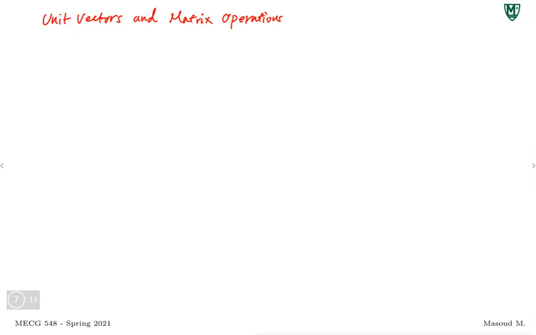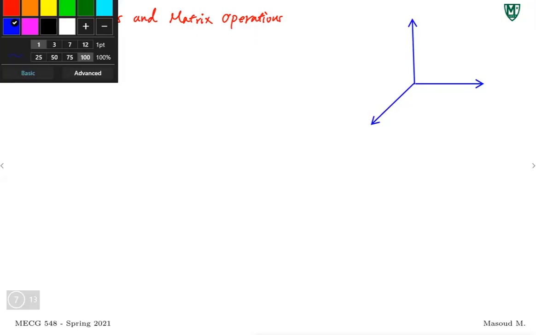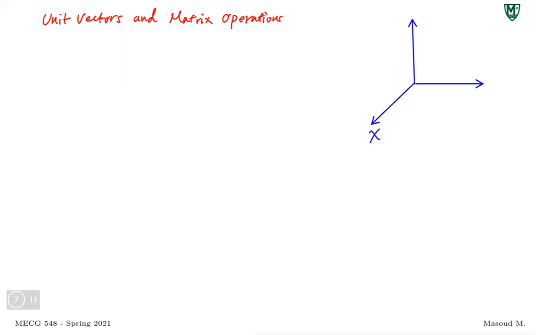Think about a three-dimensional space, a Cartesian coordinate system. I'll just put it right here. Just keep them as right-handed. So I'll say this is X, this is Y, and this is Z. Let's just use lowercase because we're going to talk about local and global. So x, y, and z.